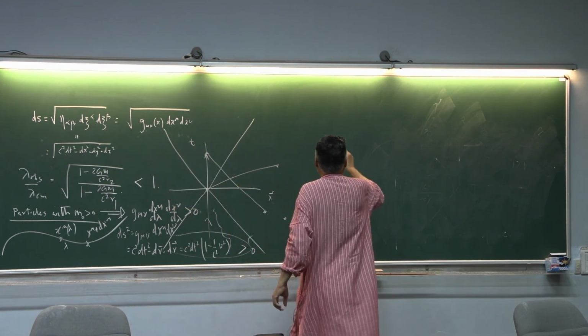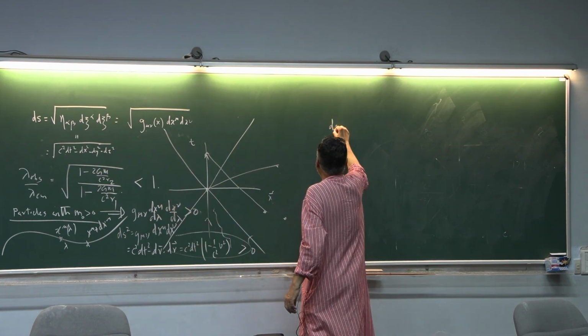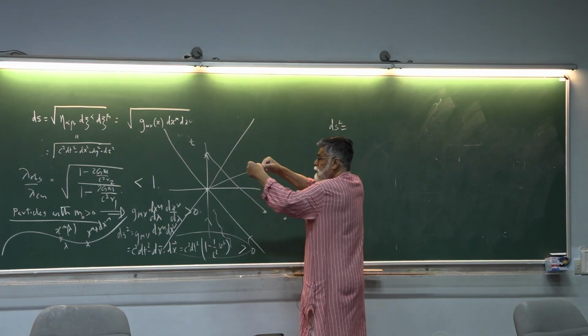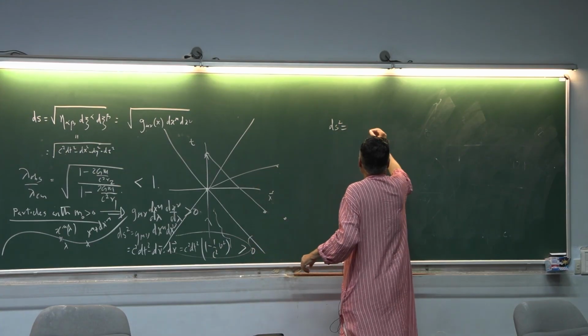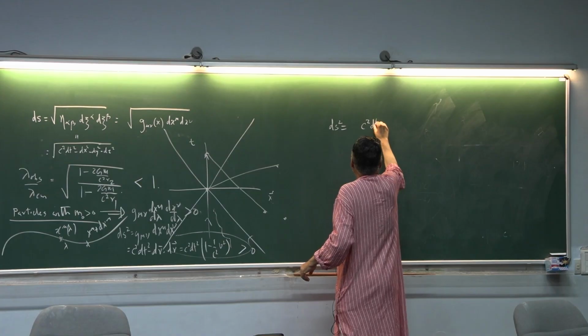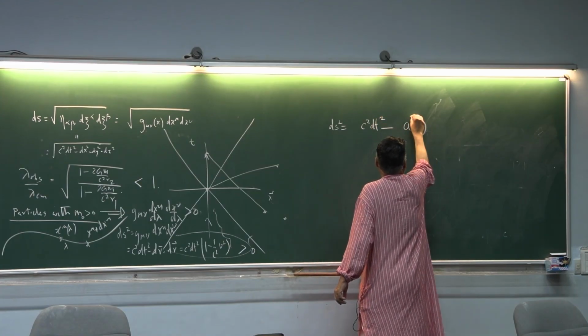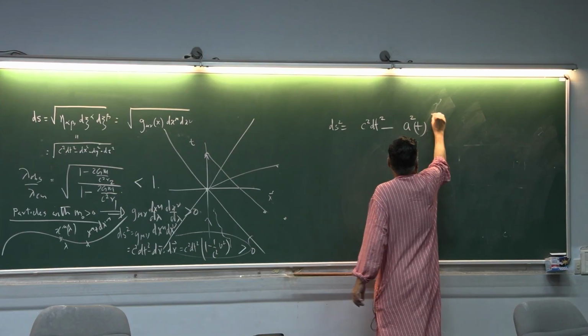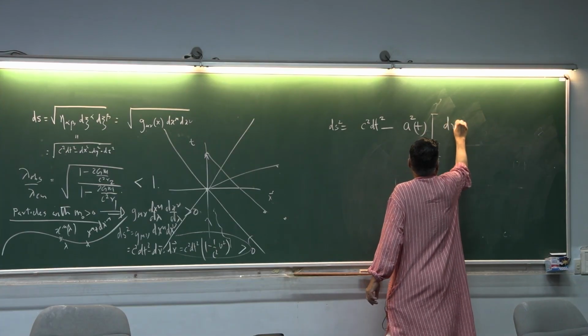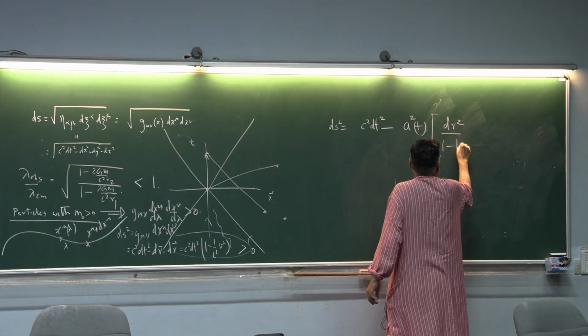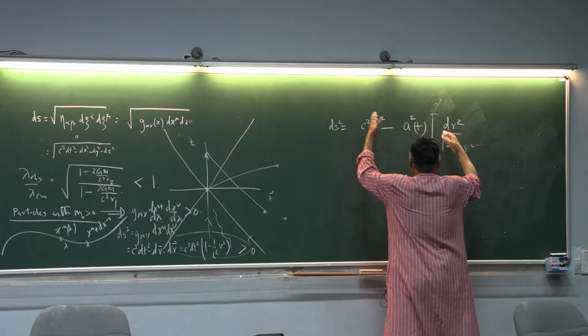In such a coordinate system, the line element describing the geometric separation between two events is given by c² dt² minus the square of the scale factor that gives the expansion of the universe, and the physical significance of the coordinates.